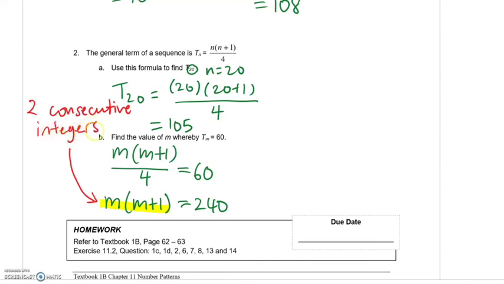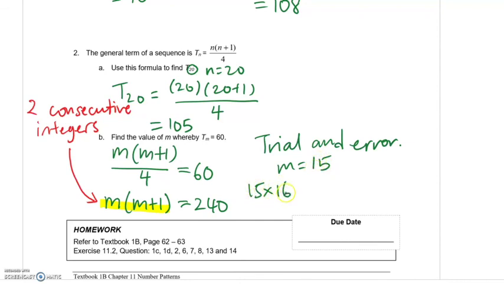So we are looking for two possible consecutive integers. When multiplied together, the product gives you 240. Alright, so do this by trial and error. Obviously, the numbers can't be too big. And you will end up with m equals 15. Alright, because 15 times 16 gives you 240.